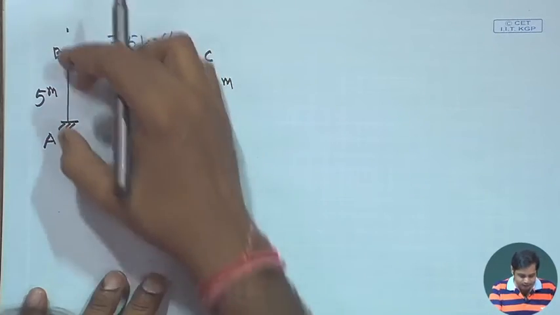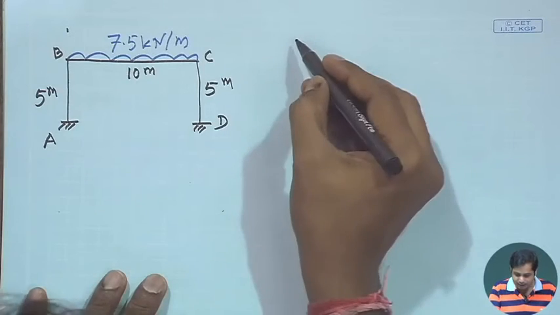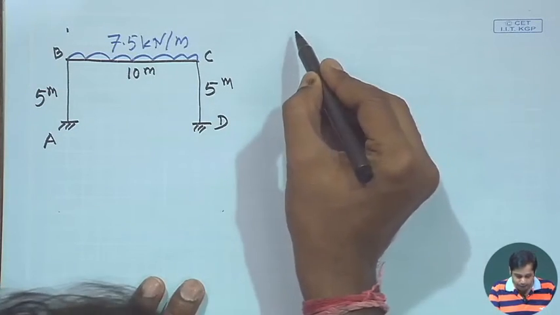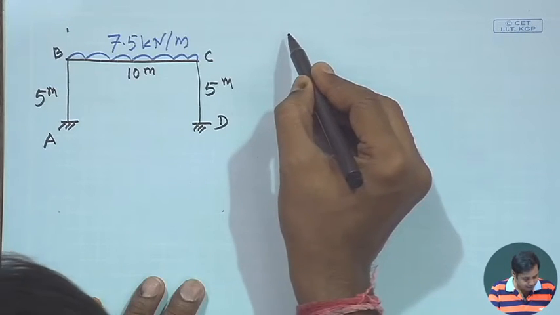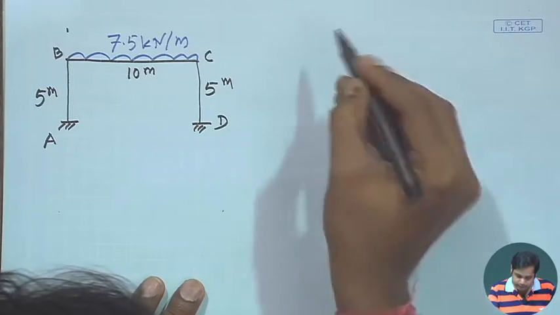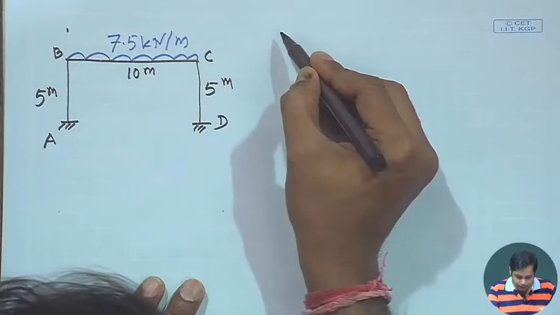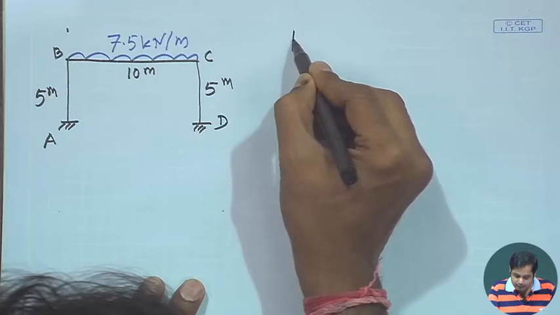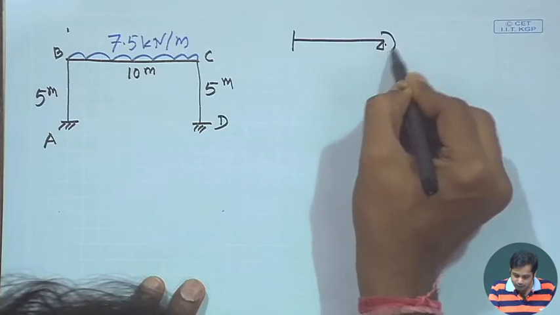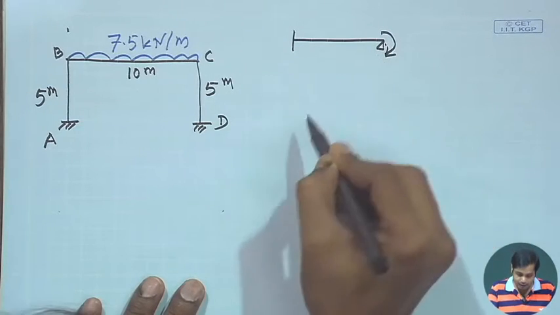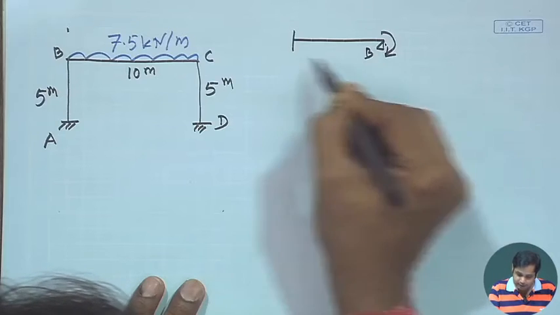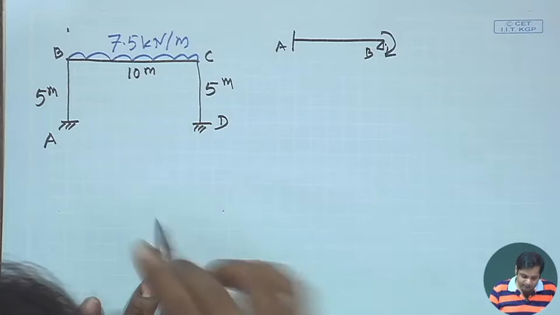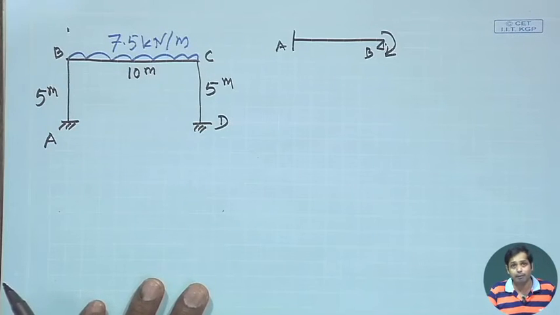Member AB, or member BA, can be idealized as this, and you are applying a moment like this. This is B, this is A. Similarly for member CD, and similarly for member BC.